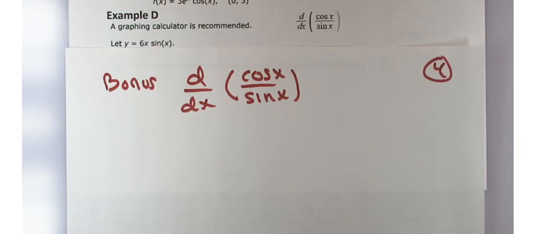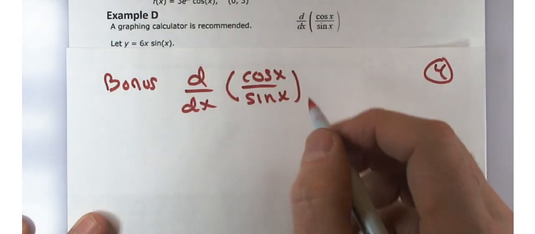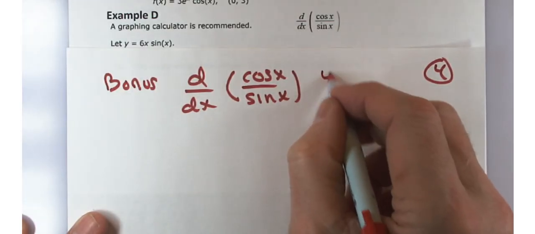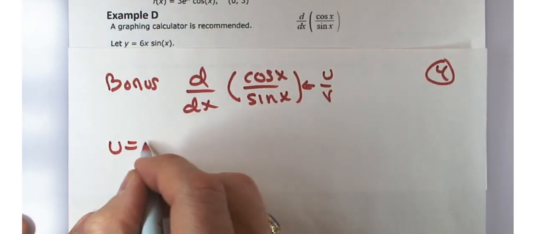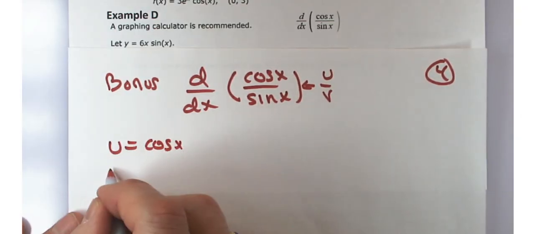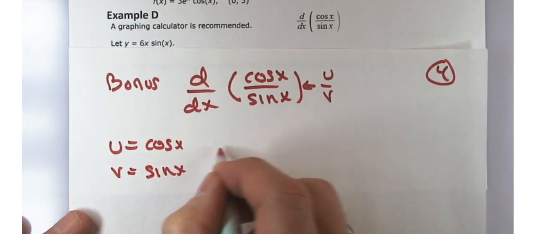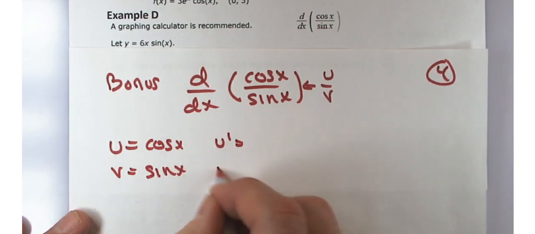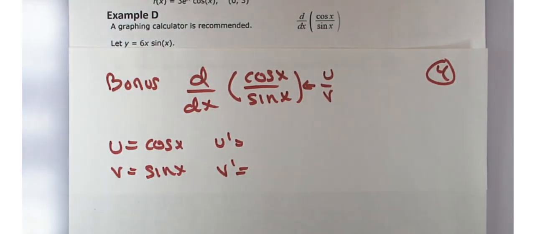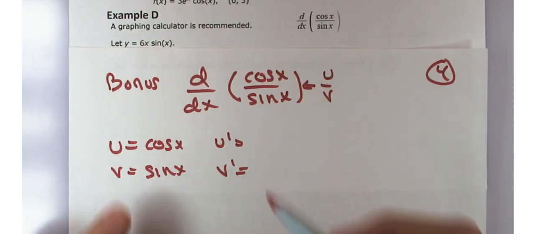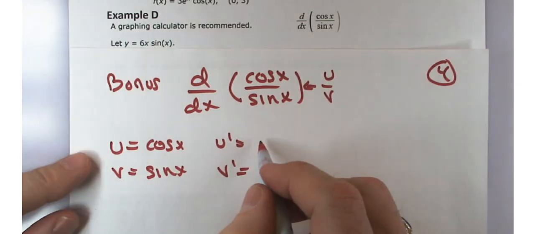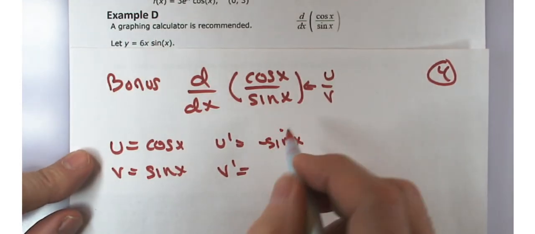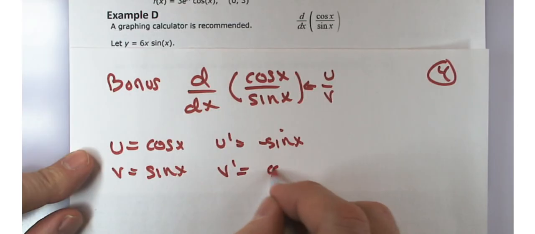All right. So this is a quotient. We can regard this as my u and this is my v. So u equals cosine of x, v equals sine of x, and I want u prime and v prime. So, D'Angelo, help me out with a couple derivatives. u prime and v prime. u prime would end up being negative sine of x, nice, and v prime would just be cosine of x. Nice.